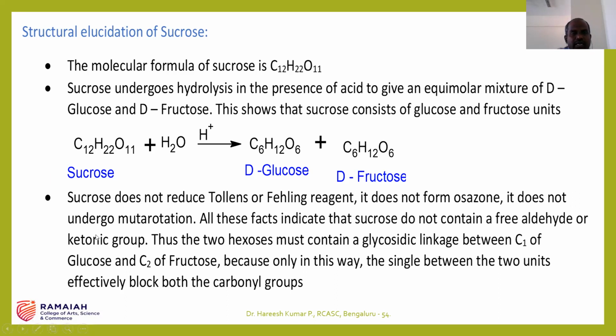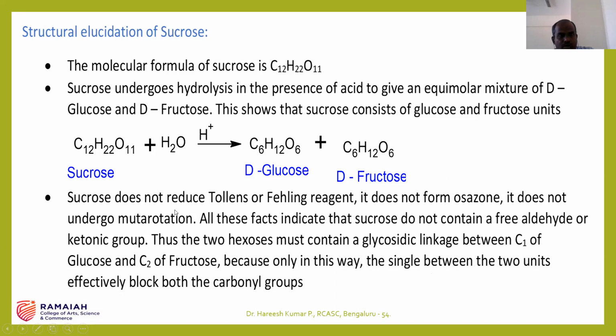Fehling's also does not react with sucrose. It also does not form osazone. Usually aldehydes or ketones can undergo osazone formation when treated with phenylhydrazine. So what does it indicate? It indicates that sucrose does not contain aldehyde or keto groups in its structure.